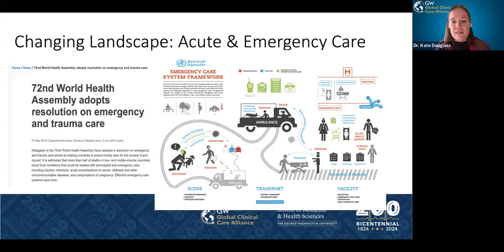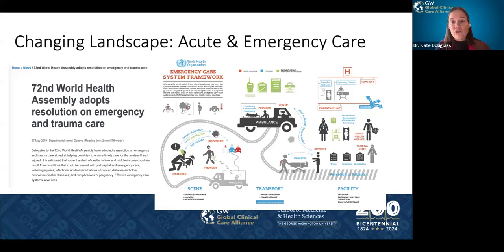The schematic on the right side is one I really appreciate because it shows the continuum of care. It represents the onset of symptoms, things that happen at the scene, and things that happen immediately when the event happens. This emergency care systems framework is put together by the WHO, along with a package of technical resources and other supports to help countries across the globe develop their acute and emergency care systems.